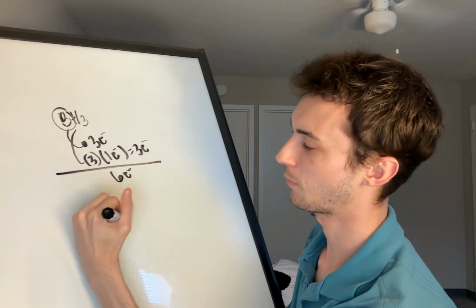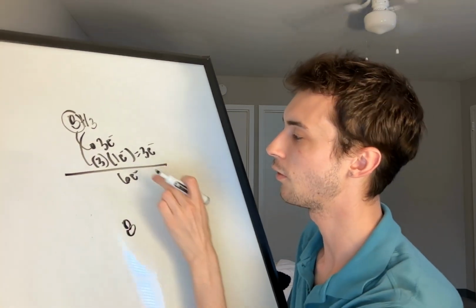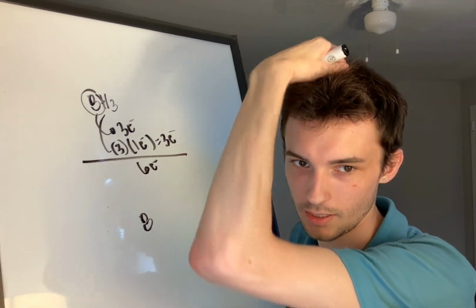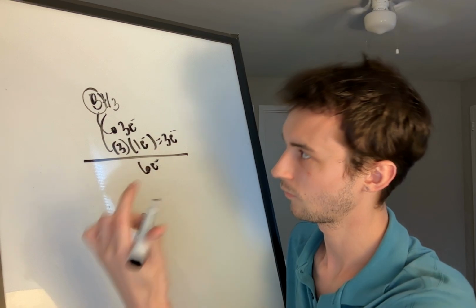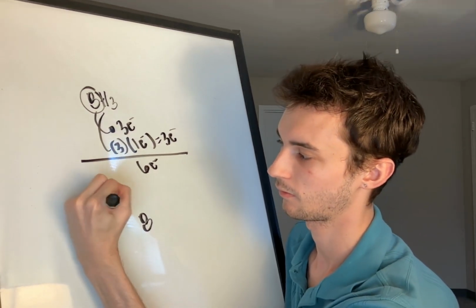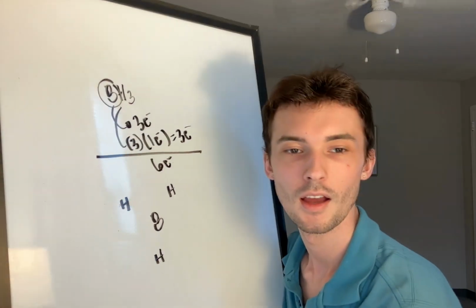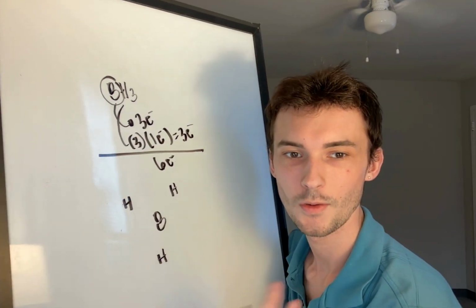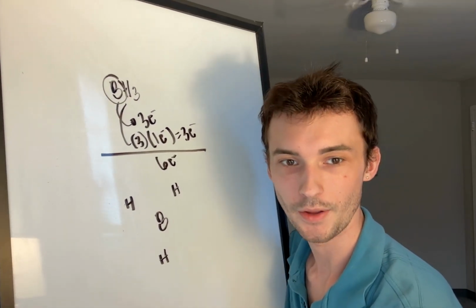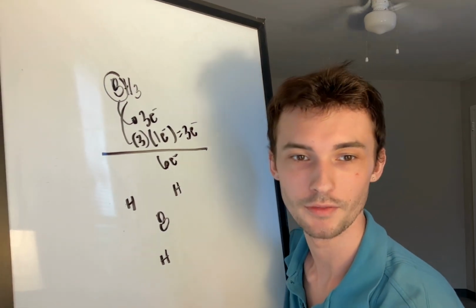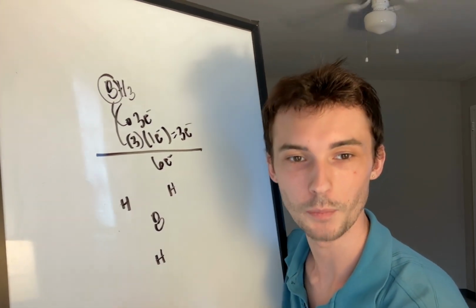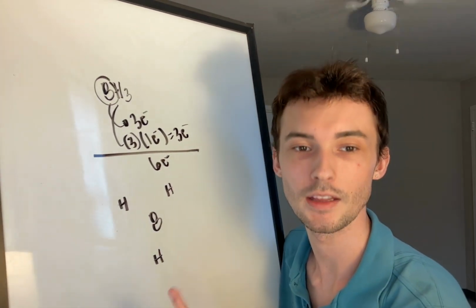So I'm just going to draw my boron down here. Okay, we need to use up our 6 valence electrons. We have 3 hydrogens. I'm just going to put them in space. A line or a bond between atoms is representative of a covalent bond, and each of those bonds is representative of 2 valence electrons.